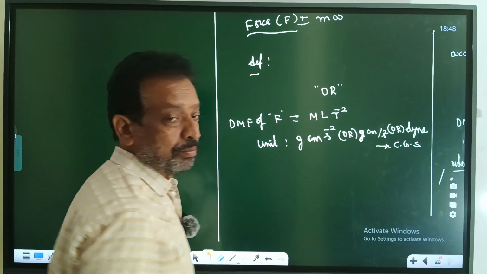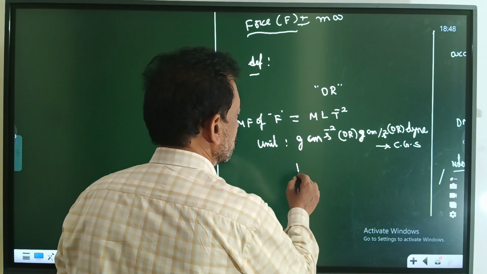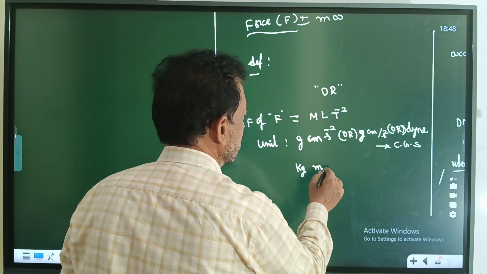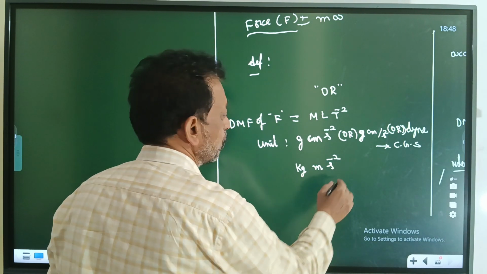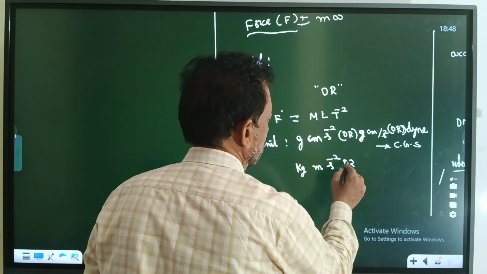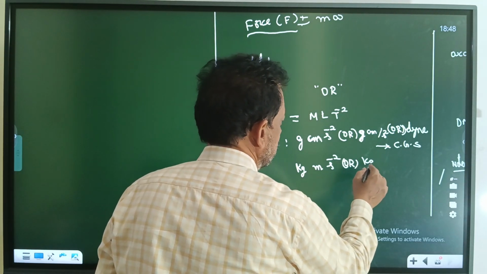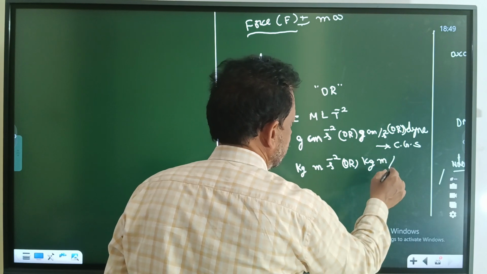In the MKS system, kg meter second raised to minus 2, or kg meter per second square.